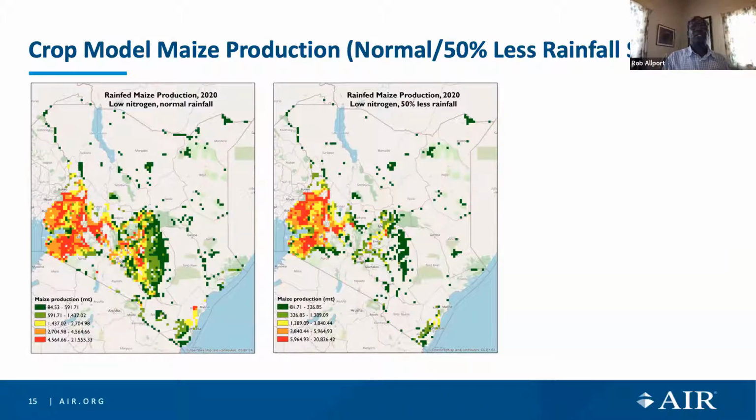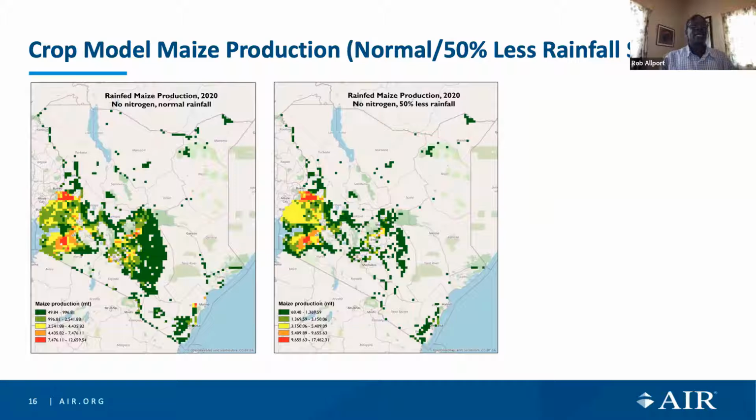Again, there is some information that starts showing that in certain areas, even the fertilizer effect, especially when you run with the depressed rainfall scenario, might not give you any benefits of running with nitrogen, high or low.